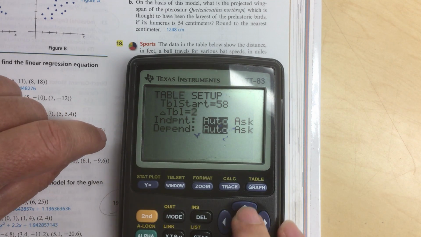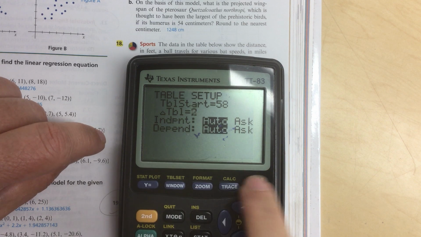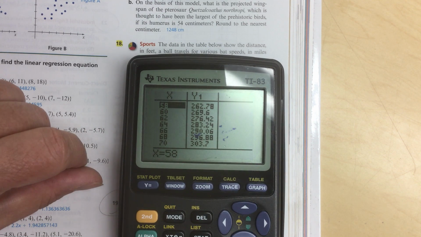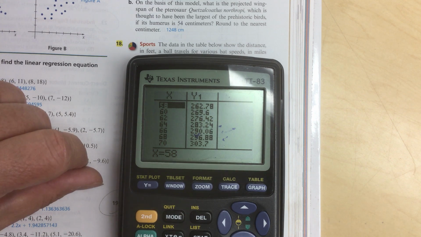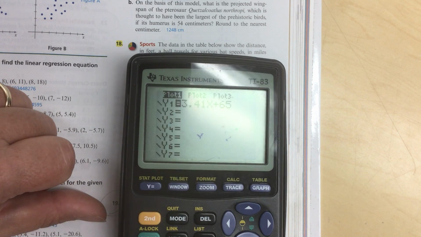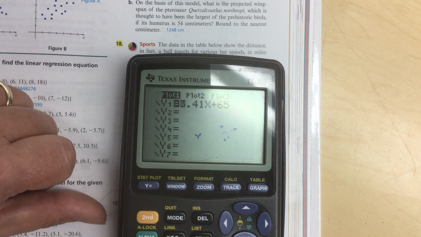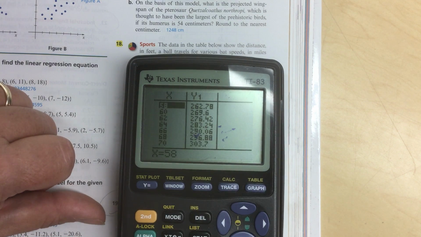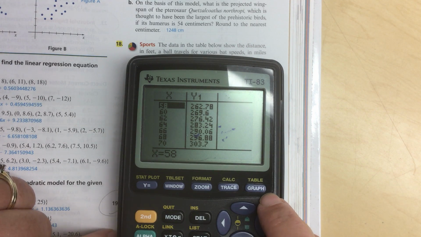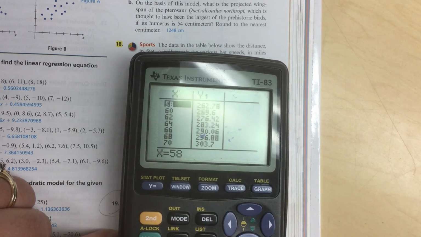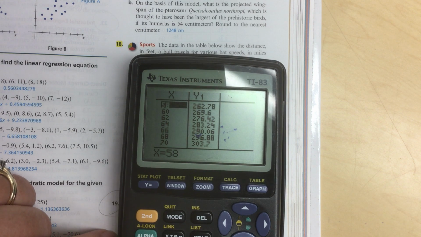And then what do you hit to make it change? Y equals is what your equation is. And then second table shows you the values. How did I get the answer? Second table. The graph button. Second table takes you there. Oh. Is that what you mean?